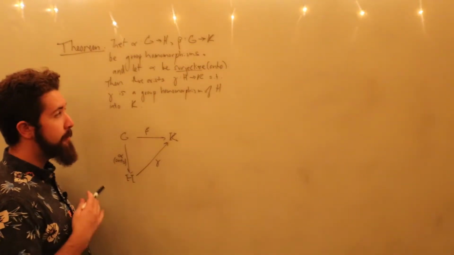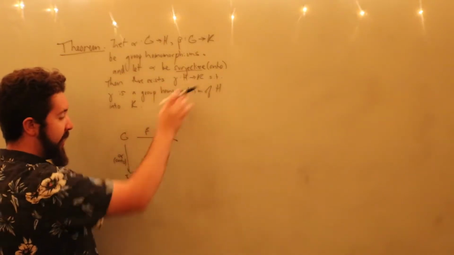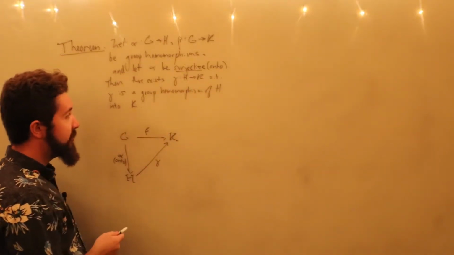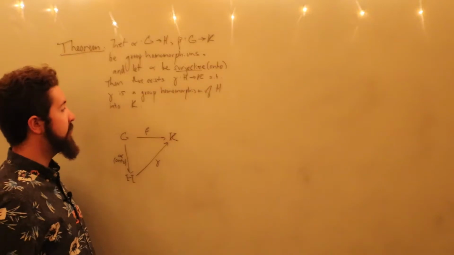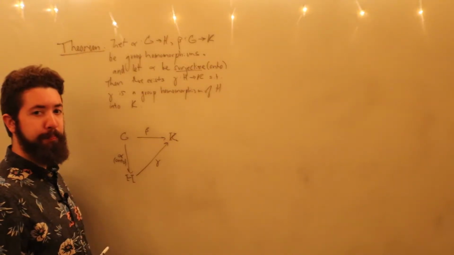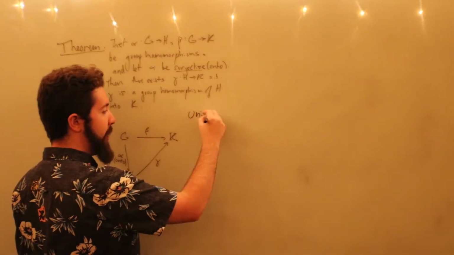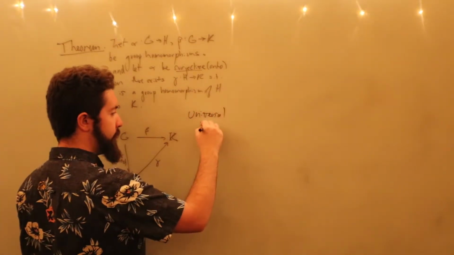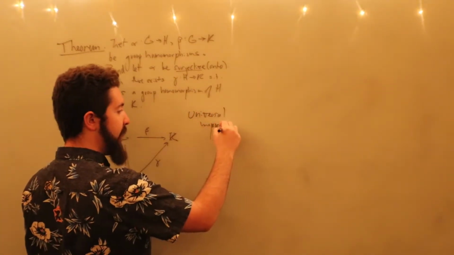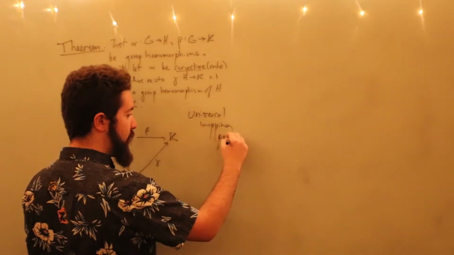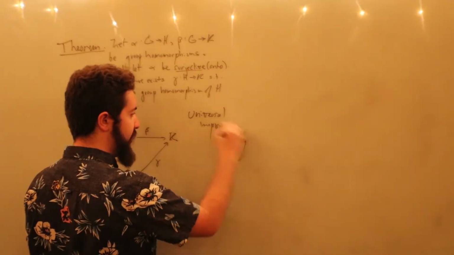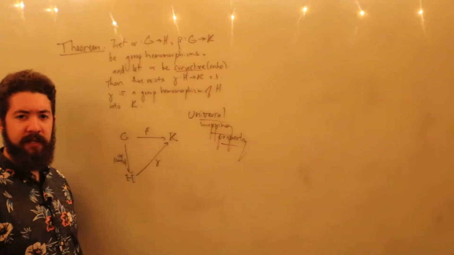Then there exists a mapping from H to K, which we'll call gamma, such that gamma is a group homomorphism of H into K. This theorem is an example of what we would call a universal mapping property, because it's going to actually hold true in more contexts than just the group homomorphism context.